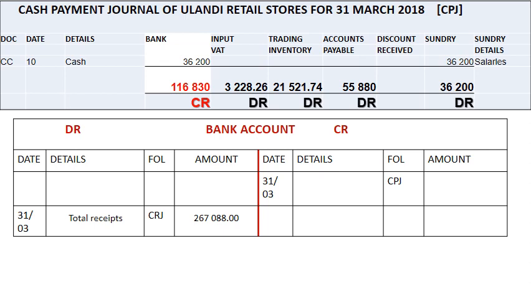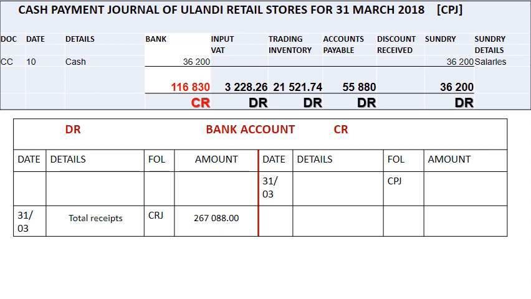We are now posting the cash payment journal entries. We will start with the bank account. We will go to the bank account already created when we were posting the CRJ. You will see that on the debit side already, we have recorded an entry from CRJ. Now this time we are going to the credit side of the bank account.